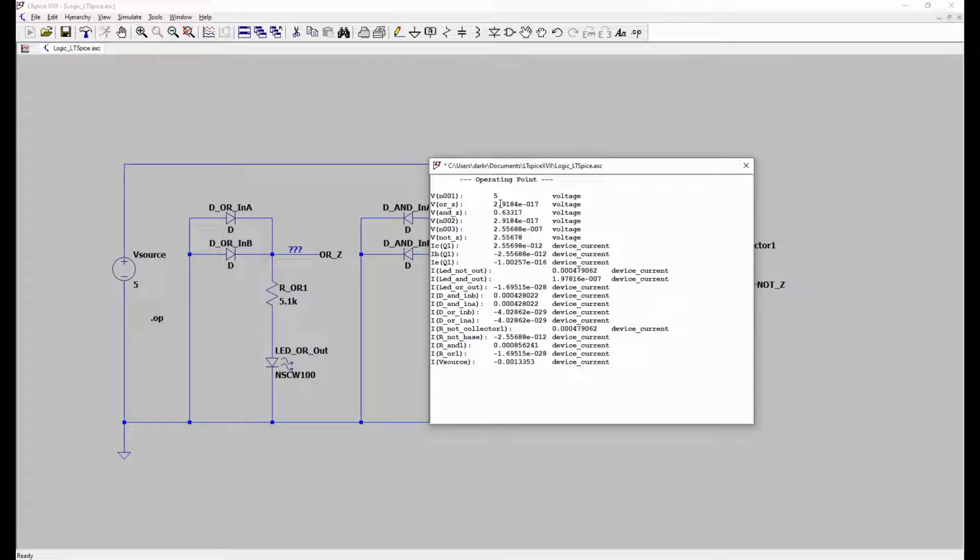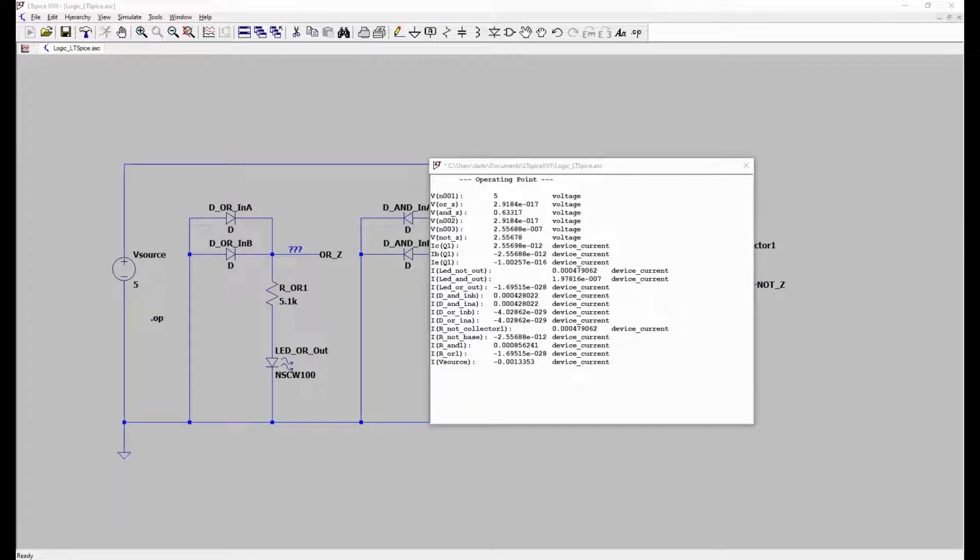Okay, so actually the voltage at OR Z, V OR Z, is 2.9 to the minus 17th, which, well, that's pretty neat.